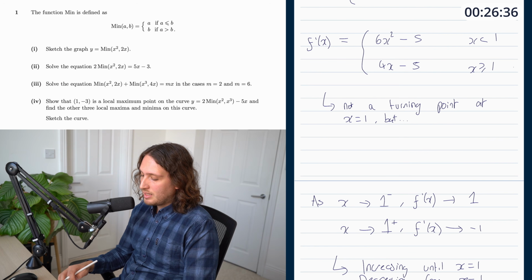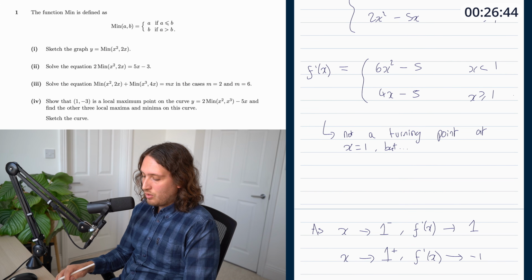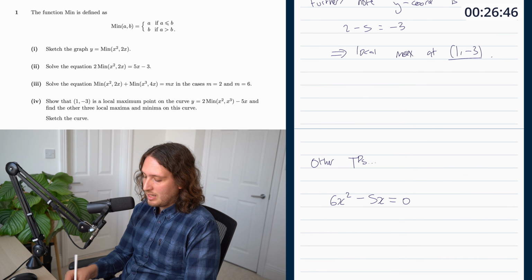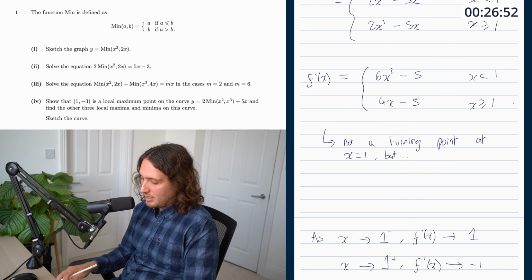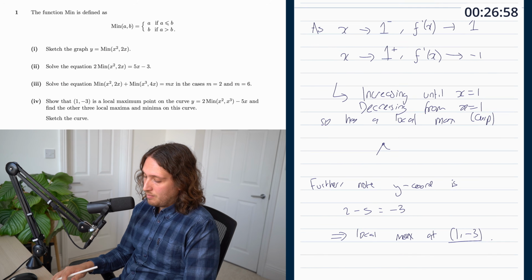I'm solving 6x squared minus 5x is equal to 0, or I'm solving 4x minus 5 is equal to 0. That's the domain I was reading there: x at least 1, x less than 1.